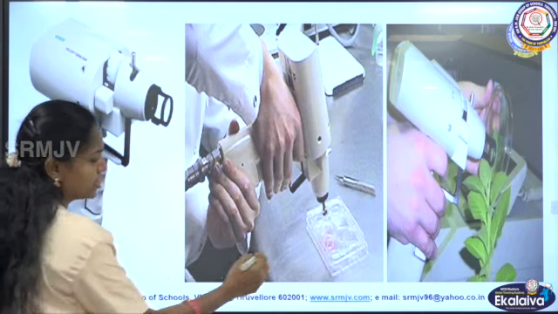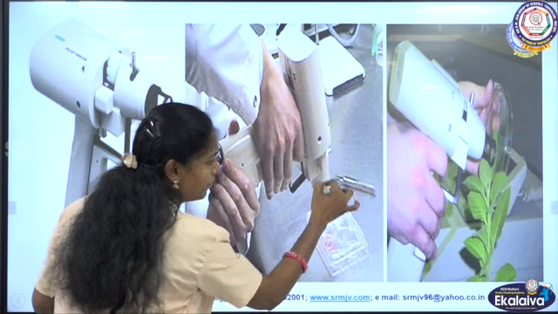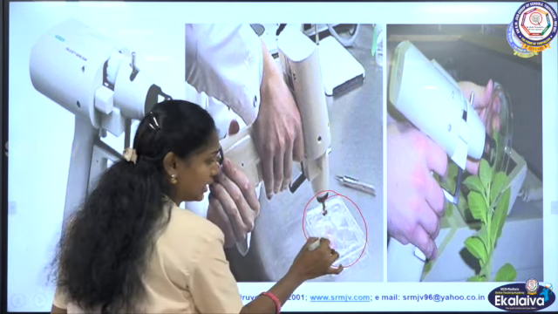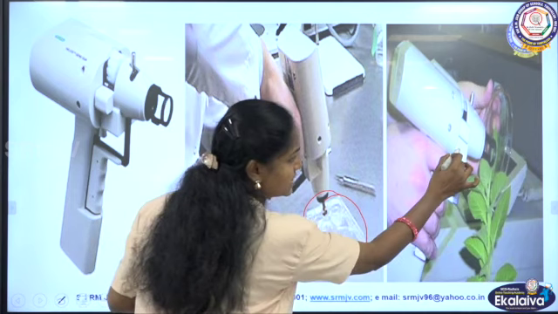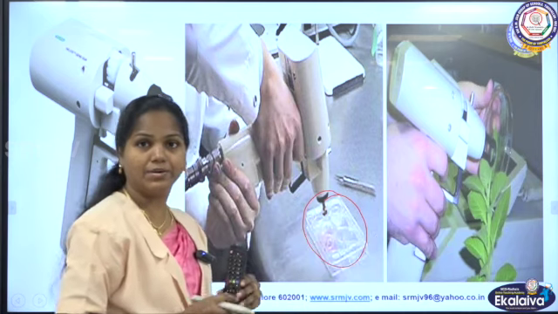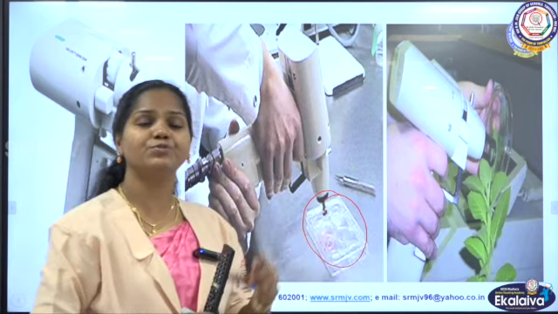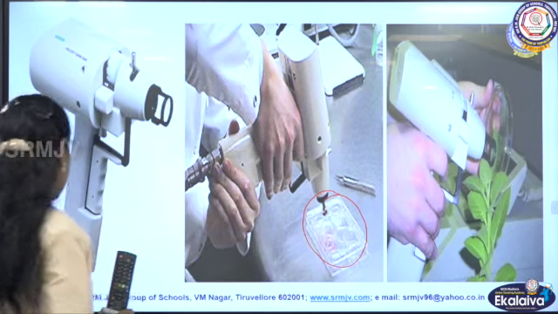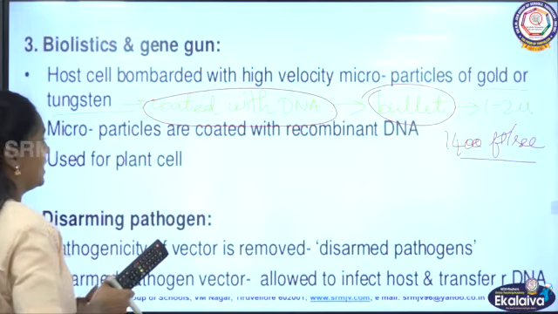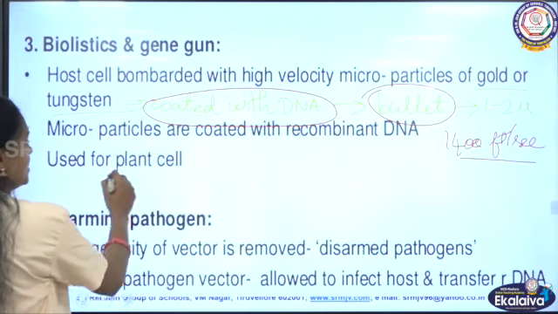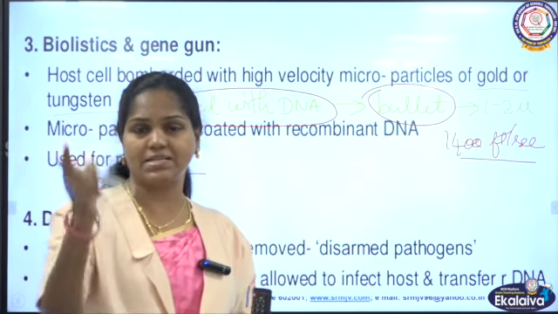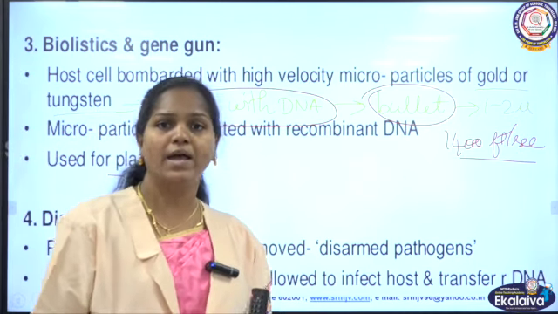In this picture, you can see that directly with the help of the gene gun, the DNA is introduced into the culture, and here it is introduced into the plant. This is how the gene gun is used for introducing our rDNA into plant cells. The gene gun method is specially used for introducing genes into plant cells, whereas micro injection is used for animal cells.